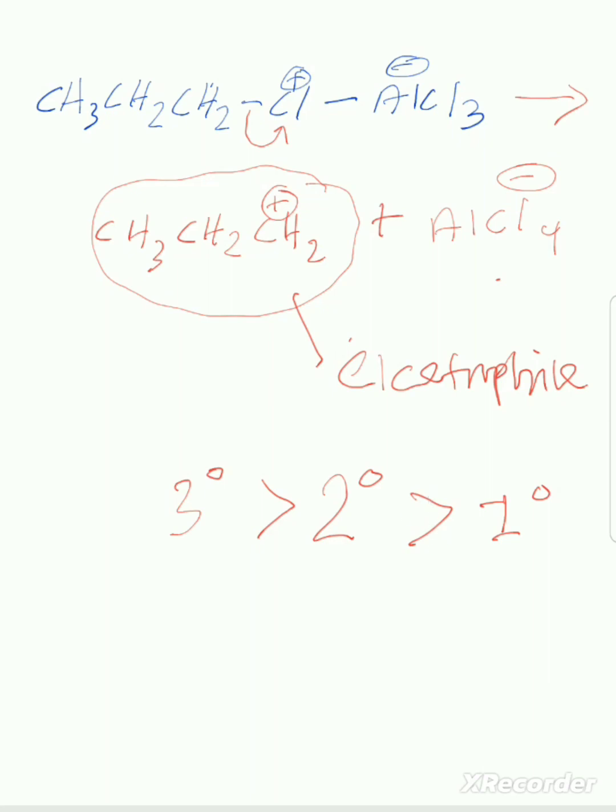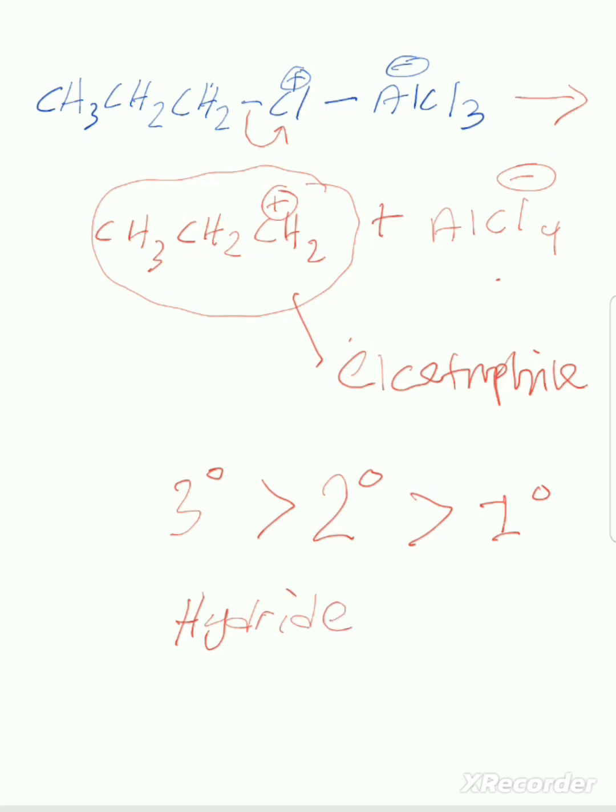So when you are given a question like this one, it is a propyl, but the charge is on the carbon and it is attached to only 1 carbon, that is the primary carbocation. Then, is there any modification we can do to make it more stable than the primary? Yes, it is. That is what is known as the hydride shift, a hydrogen shifting.